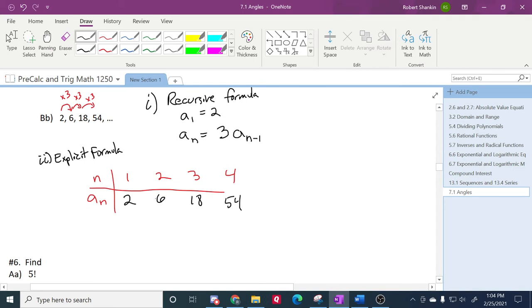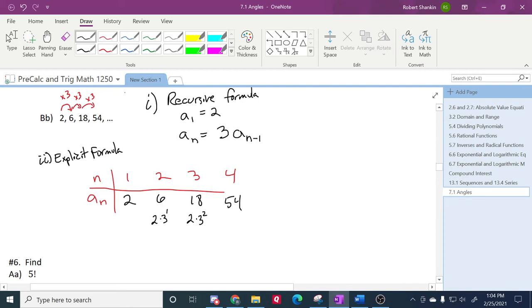Now I want to rewrite these so somehow I involve the n's. Alright, so this 6 is really 2 times 3 to the first. And this is 2 times 3 to the second, because they had more and more 3's as you moved along.